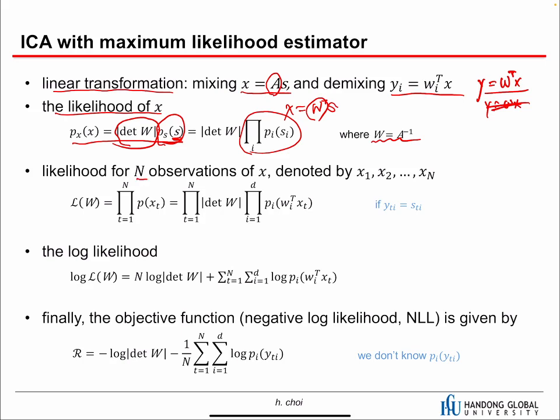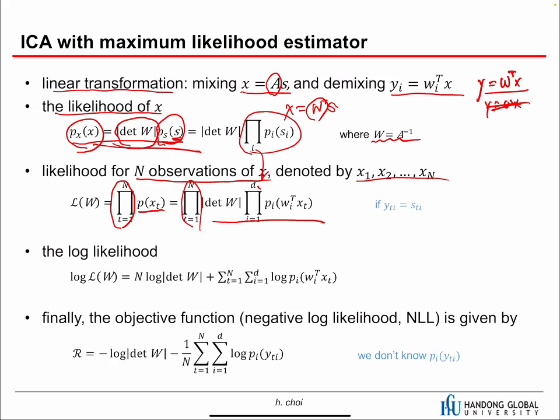Now, when we have n observations of X, then we assume that all these samples are independent. So we have a product here, and we have a P of X, and P of X is here, with another product from here.